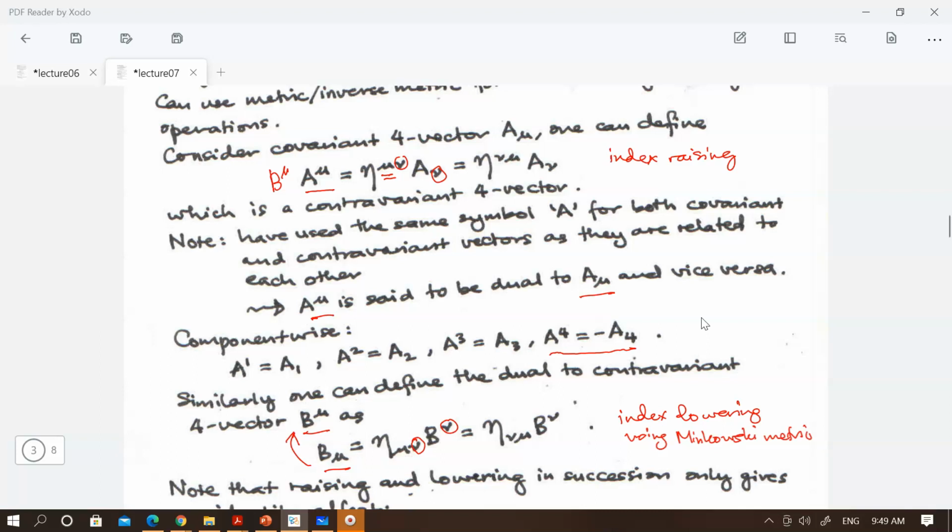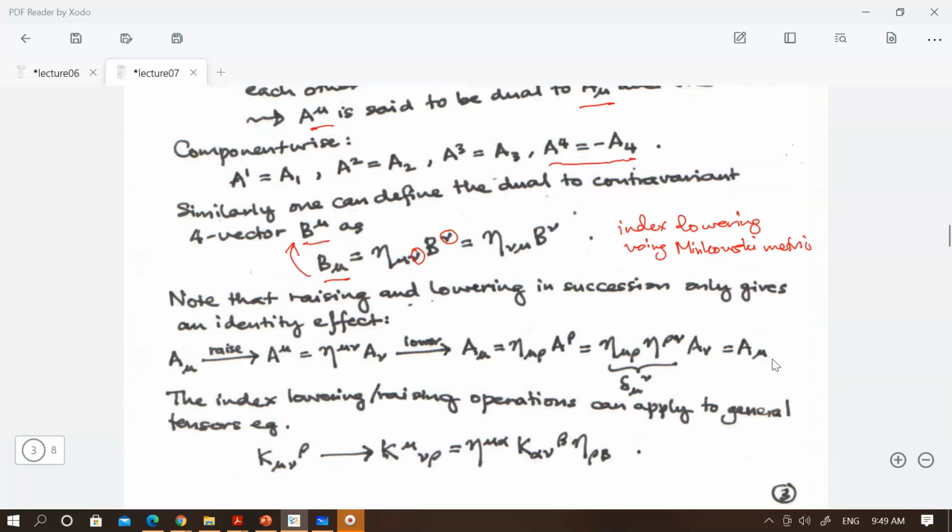And index raising uses the inverse Minkowski matrix. So now you can generate a lot of different things using this index lowering and index raising operation, using the inverse metric or the metric itself.